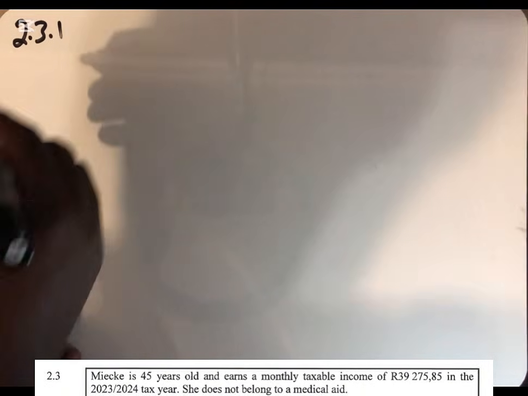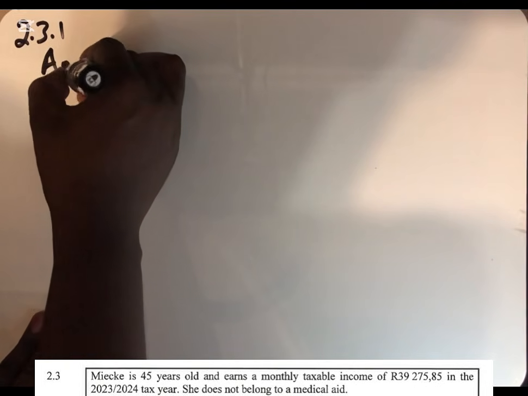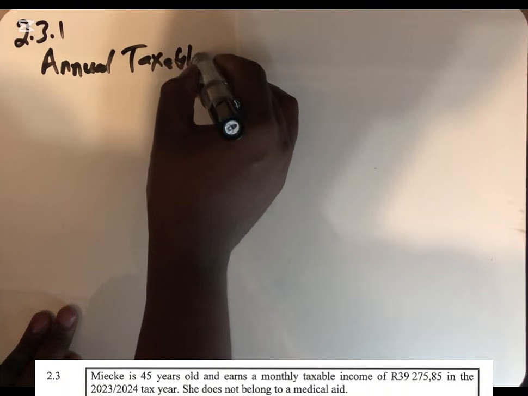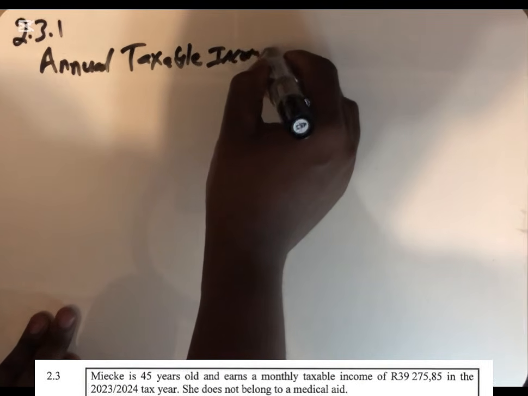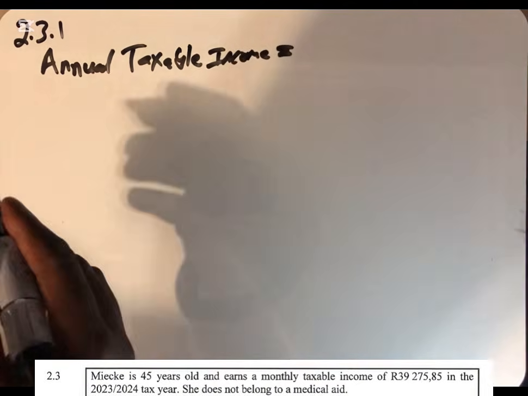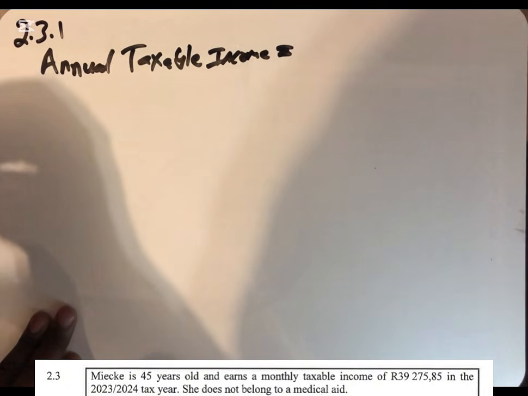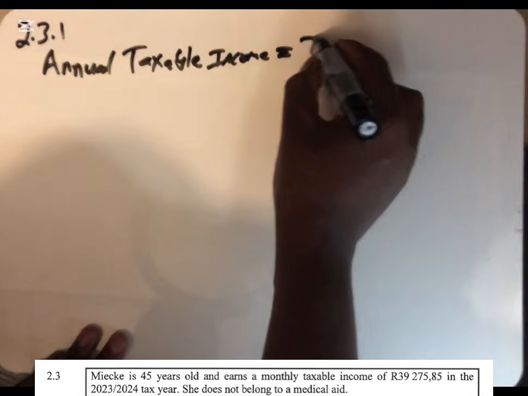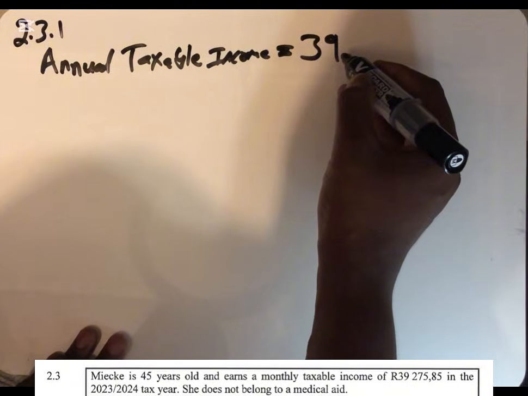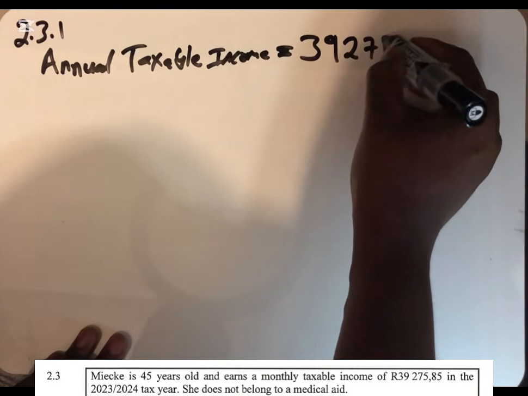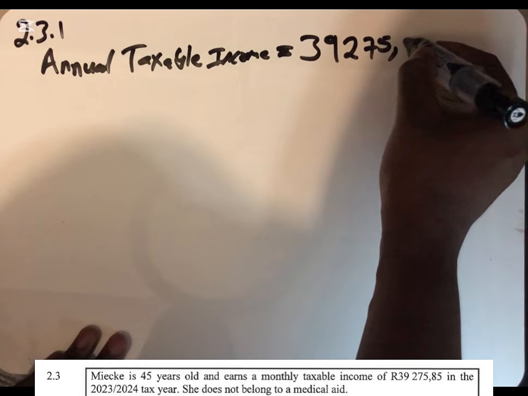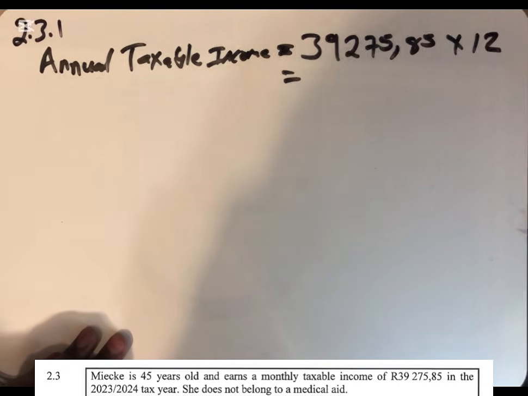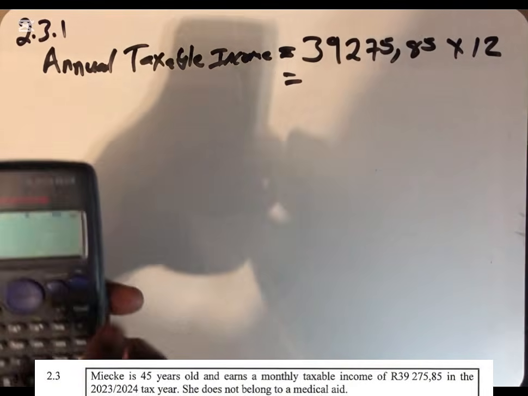So now what we need to do is to calculate the annual taxable income, which is going to be the monthly taxable income multiplied by 12. The monthly taxable income of this person is 39,275 and 85 cents. We multiply this by 12. We found that in a year, she's earning this amount. Let's do the calculations.